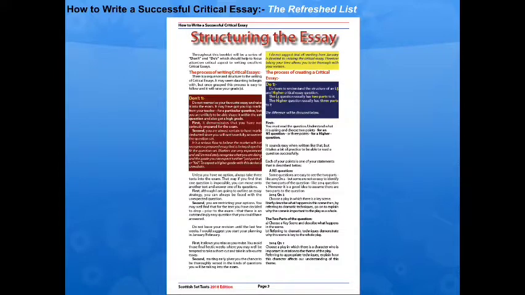It really doesn't matter. They're all formal means of structuring a critical essay, and which one you choose is entirely up to you. But each and every one of them will deal with the 4 areas.